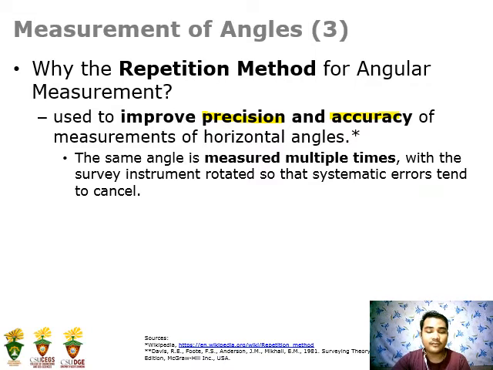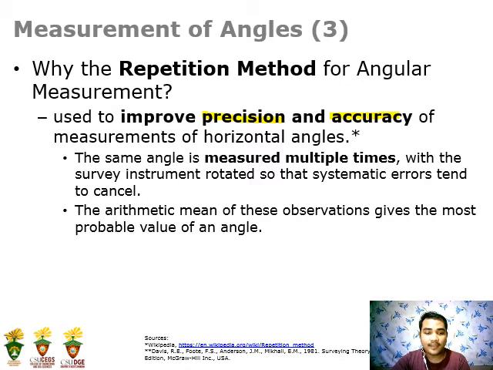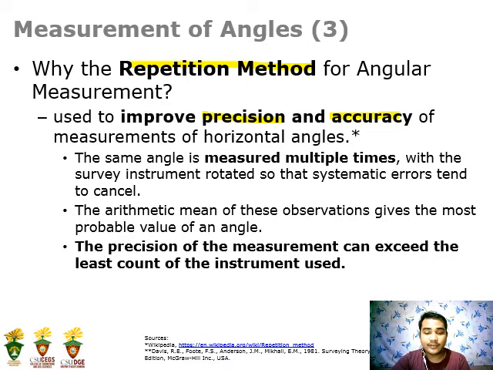You measure it repeatedly with the survey instrument rotated so that systematic errors tend to cancel, so the systematic errors are avoided during the rotation of the instrument. And the arithmetic mean of these observations gives the most probable value of the angle. So this is the repetition method. And the precision of measurement can exceed the least count of the instrument used.